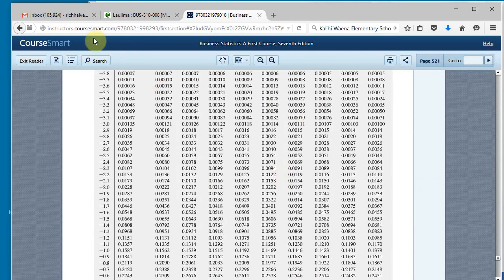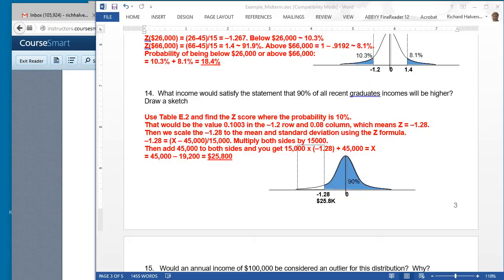Minus 1.28. Okay, so let's go back to here, and that's what this minus 1.28 is here. So that's the z, and then we have to convert the z to the actual salary, the mean and standard deviation that we're using.